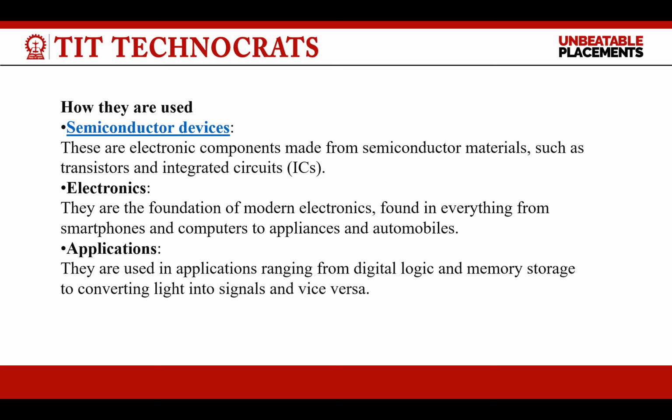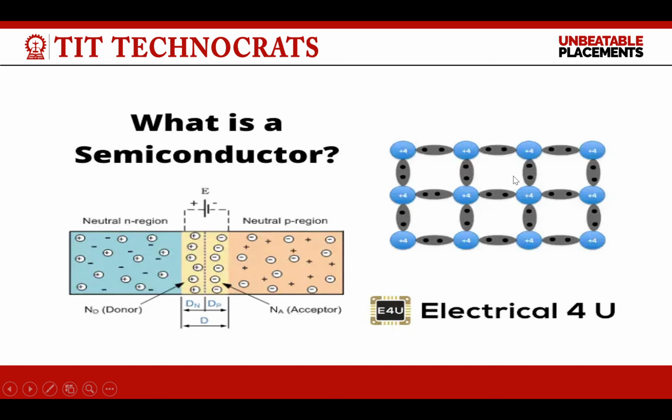Their applications range from digital logic and memory storage to converting light into signal and vice versa. This is the diagram of a semiconductor in which the N region and P region are connected with the depletion region.